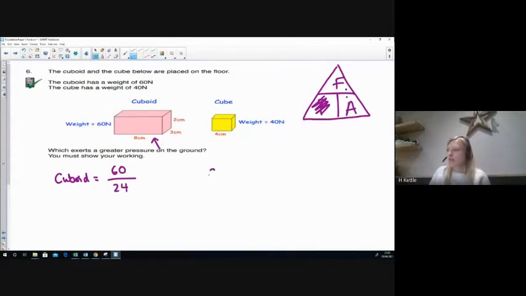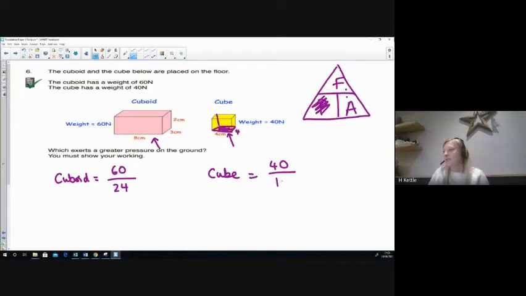The cube has a force of 40 and an area. So what is the area going to be of that shape, the square that's on the floor? And I know it's a square because it's a cube. So for the bottom face, it's just going to be 4 times 4 because it's 4 that way and 4 that way.